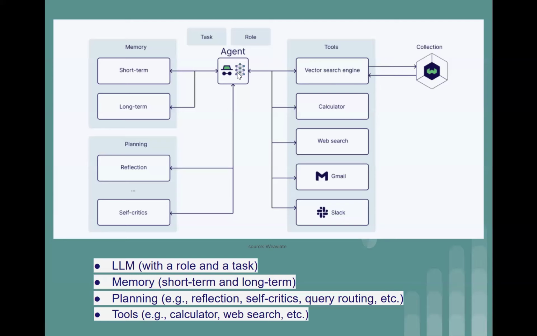Say, for example, I ask a question, what is the capital of France? It does not need to go to a vector database, calculator, web search, whatever it is, right? It is very general information. It has already been trained on it, so it knows the answer and it'll answer it for you. It doesn't need to call the tools. But how would you know? That's the decision the agent is making autonomously.